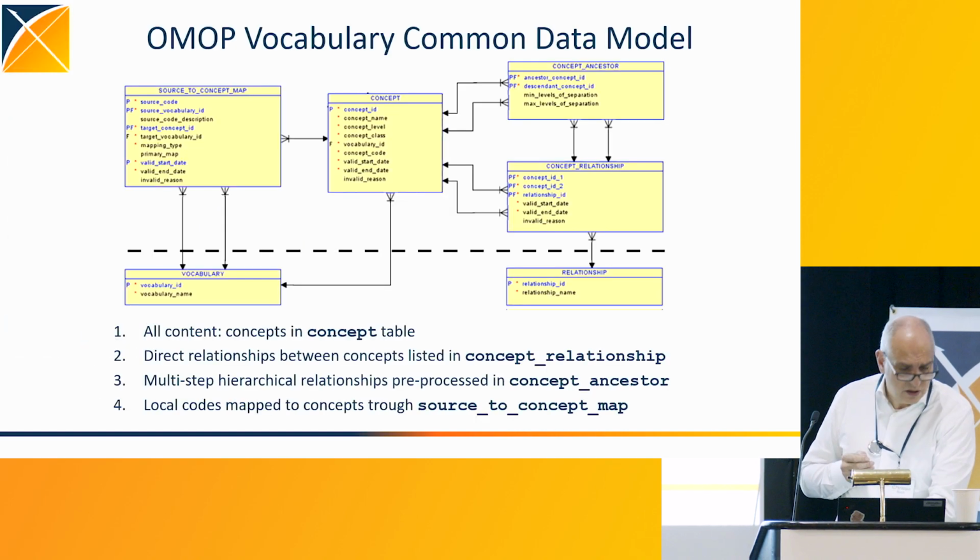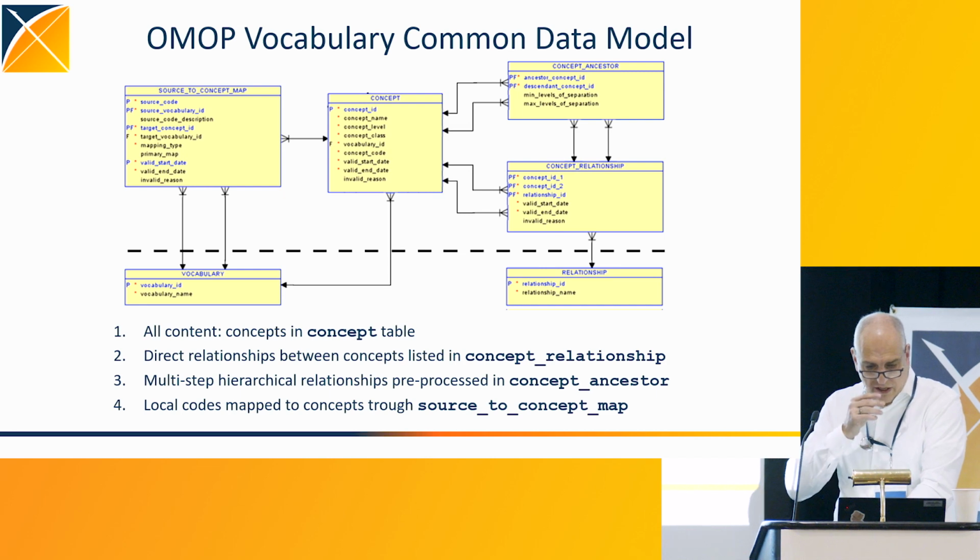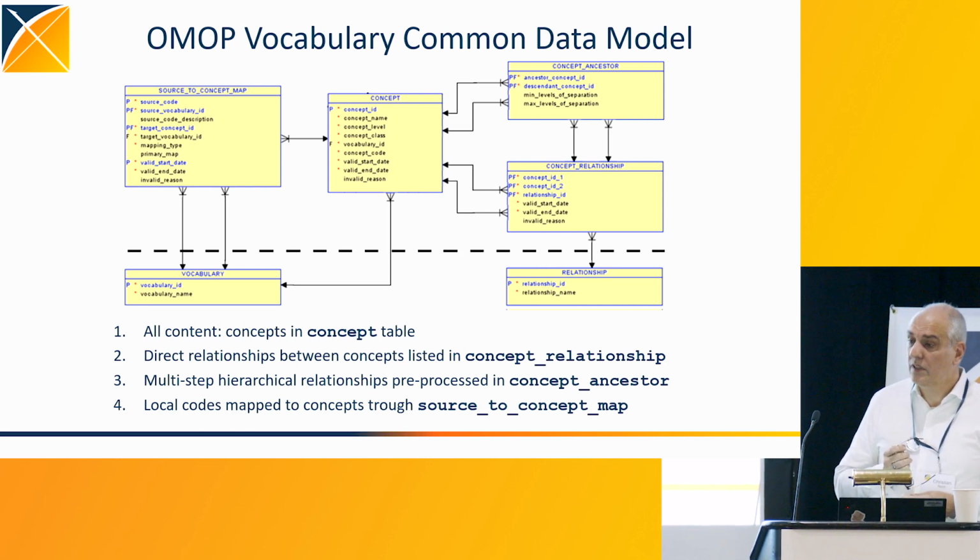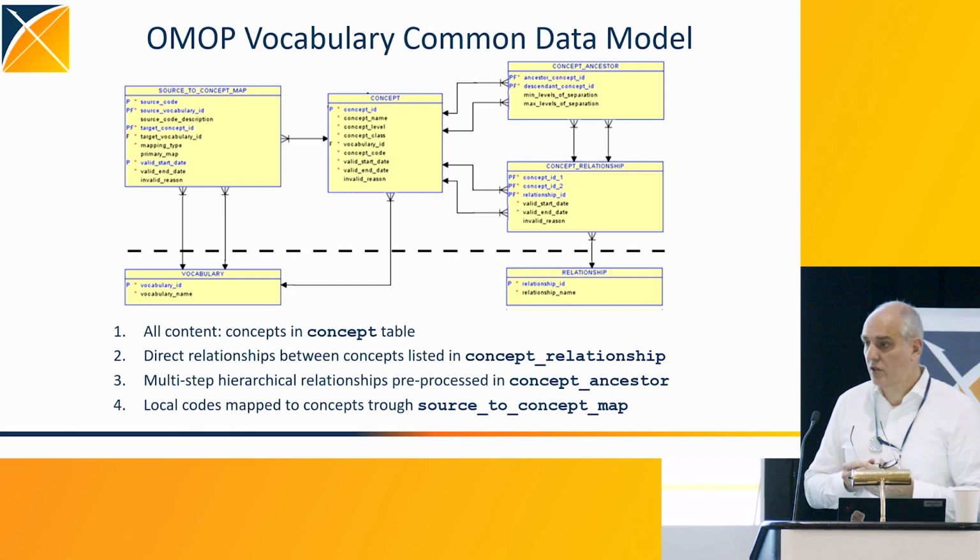Okay, last one. I'm probably out of time. The vocabularies. So this is the reference. A cystoscopy has to be in a table. There should be one record, and it's called cystoscopy with a synonym cystourethroscopy. That table is called concept.